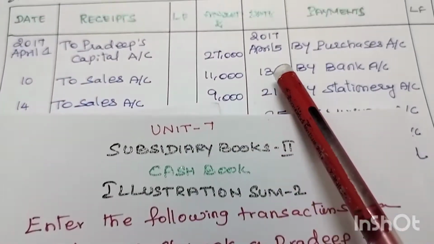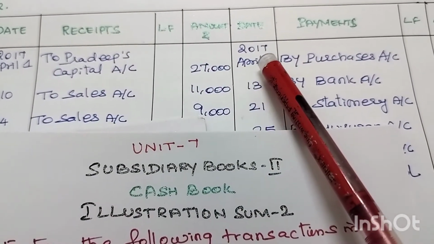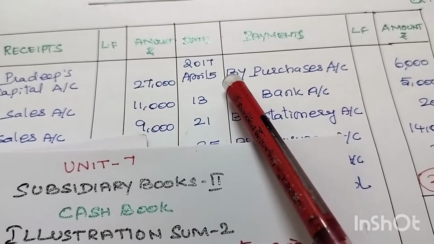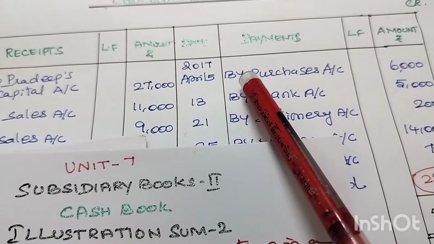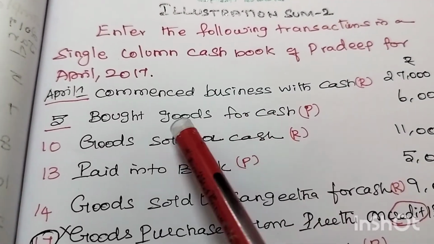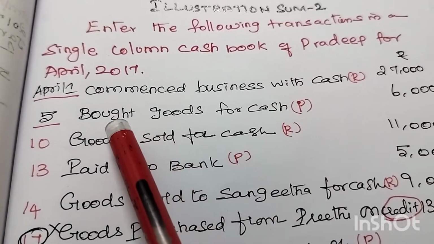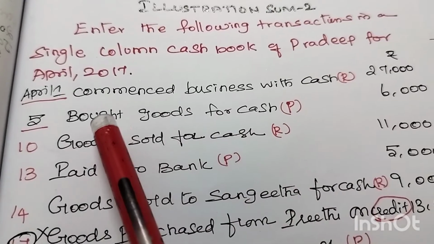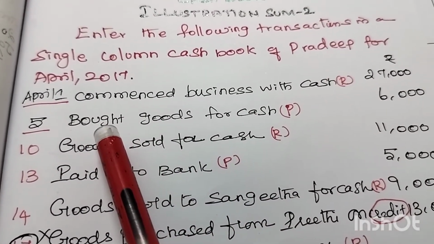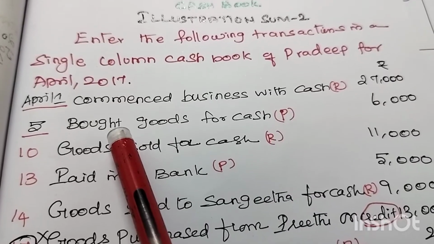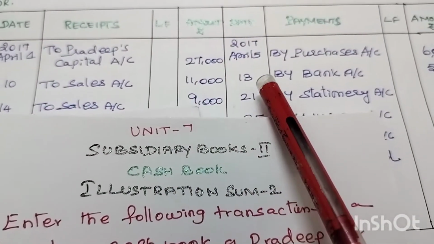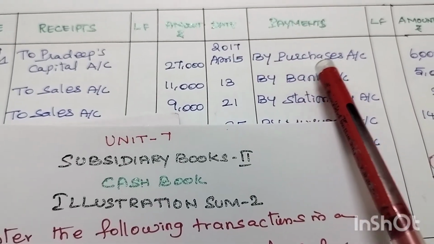On April 5, we always start with the word 'By' on the credit side: By purchases account, 6,000 rupees. You can also think of it another way: purchases is an expense, and all expenses are credited, so we credit the purchases account.